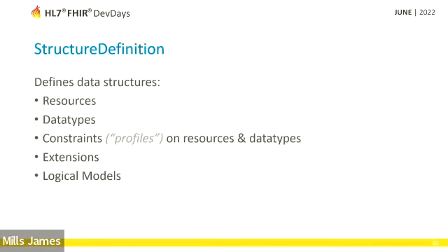You use the structure definition to define your data structure. Every core resource and core data type that's already in the specification is defined by a structure definition. And when you are building profiles or constraints upon those core resources, you are actually creating structure definitions. Also, extensions and logical models are defined by structure definitions.